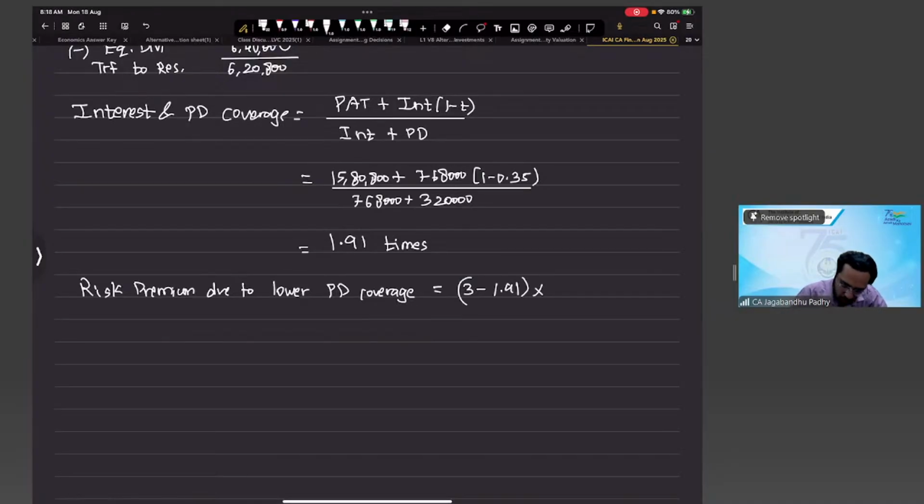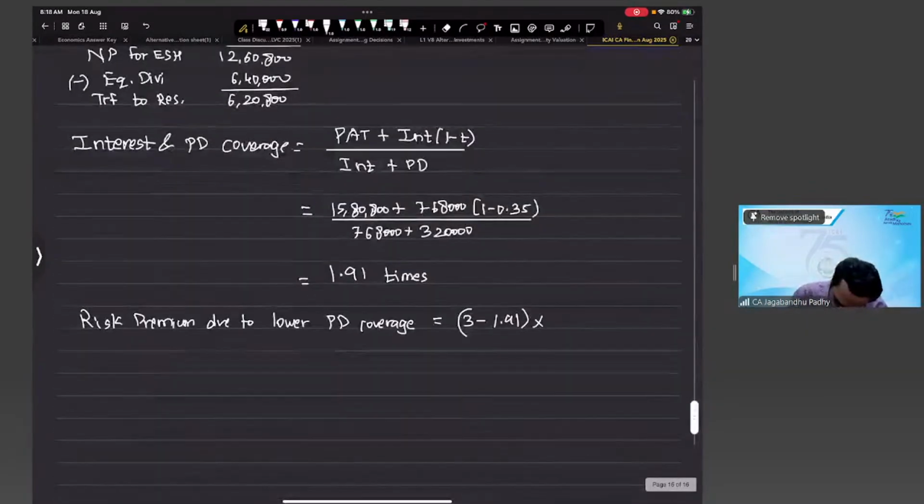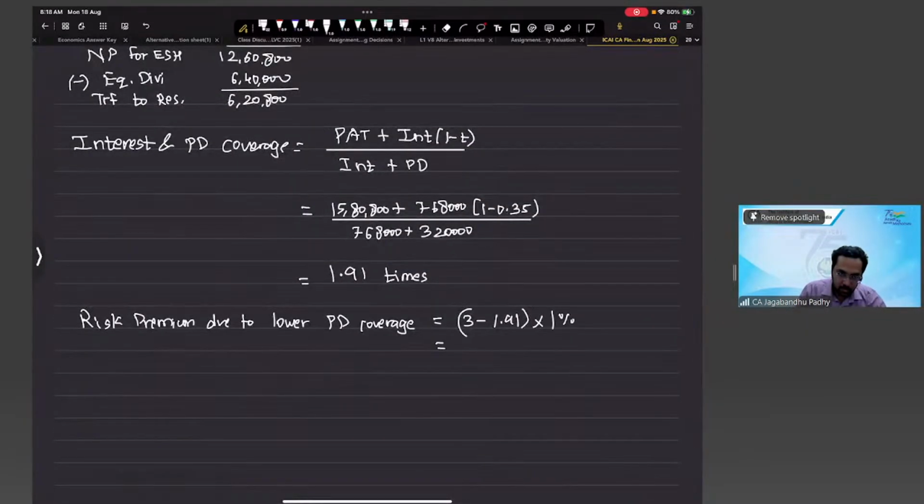And for every 1 time, what is the risk premium that we have? 1%. So this is 1.09%. The risk premium due to lower preference dividend coverage is going to be 1.09%.